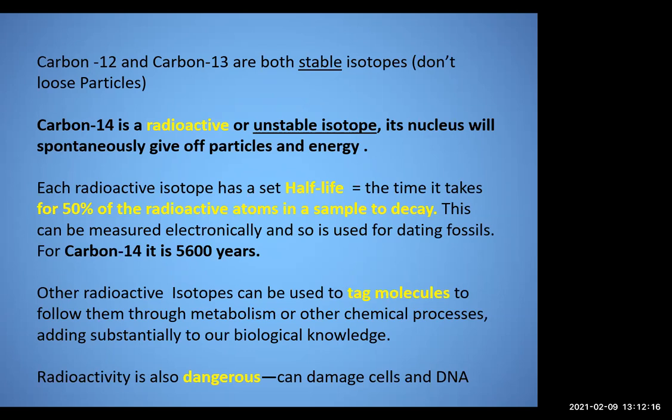The half-life for carbon-14 happens to be 5,600 years. A half-life means 50% of the radioactive atoms that are going to decay have left. So after every half-life, it goes from 50% to 25% to an eighth, and so on.